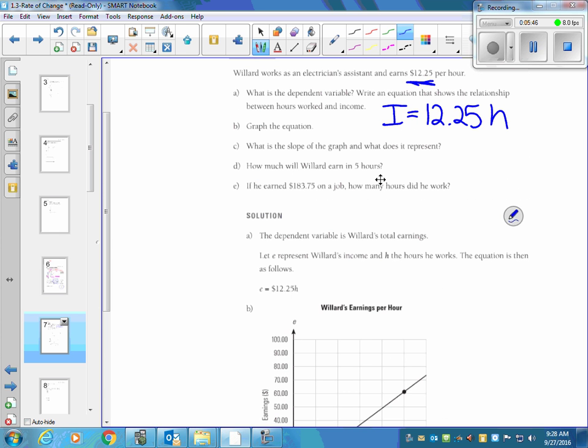Now, how much will Willard earn in 5 hours? Well, if we wanted to, we could read right off at 5 hours, or we could come into this equation we made.